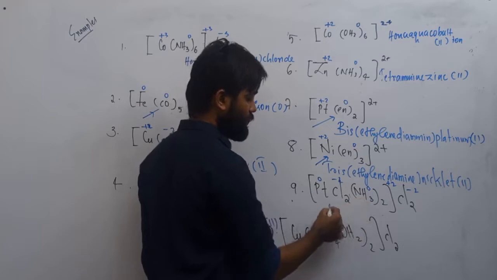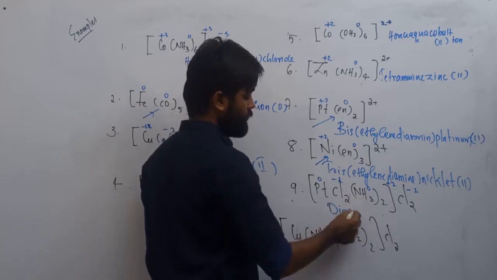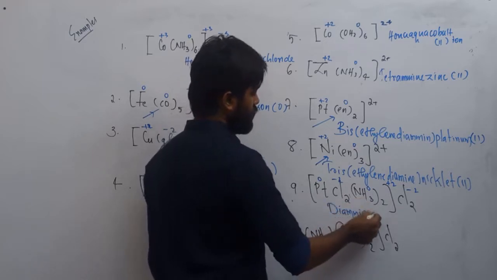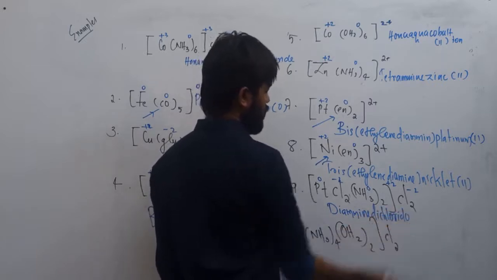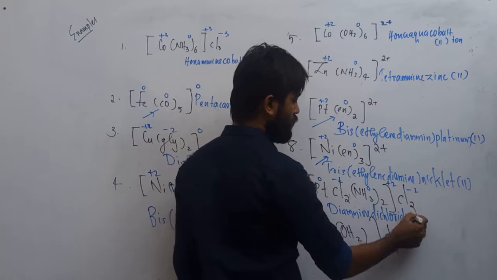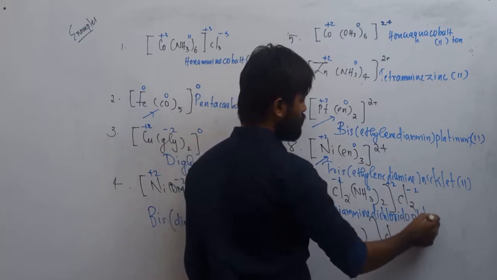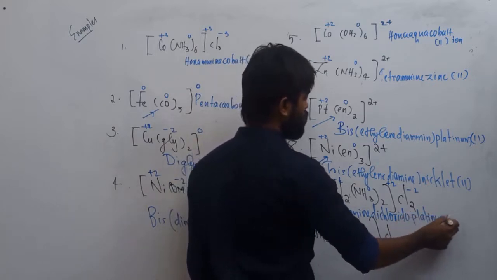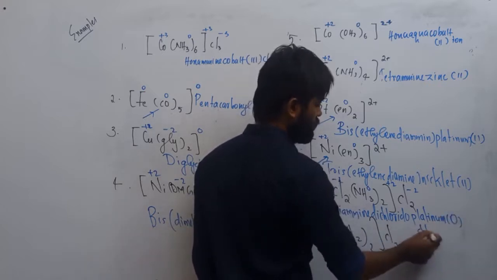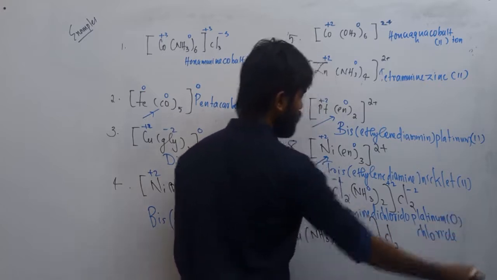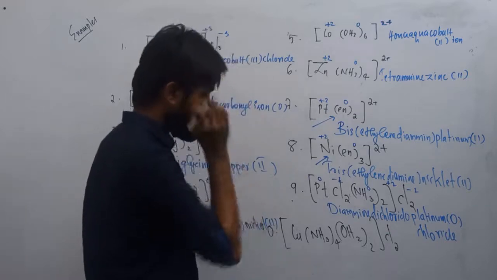Sorry, amine is named first. Diamine, dichlorido. Diamine, dichlorido. Platinum 0. Platinum is in 0 oxidation state, right? Chloride. Platinum 0, chloride.